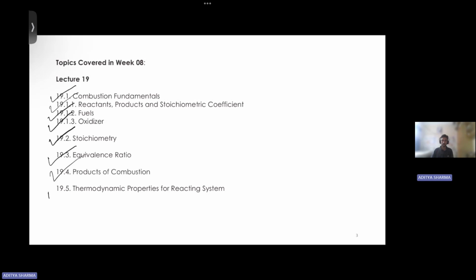When we have a fuel and air mixture, for all these cases we consider that it is an ideal mixture. Last week, I believe we did all the discussions on ideal gas mixtures, right?